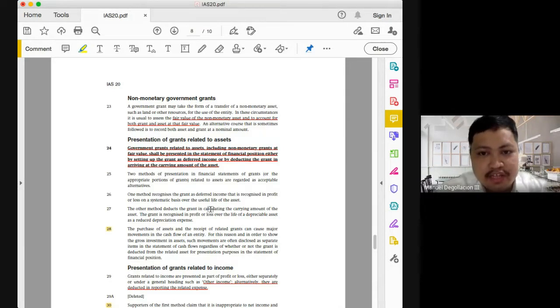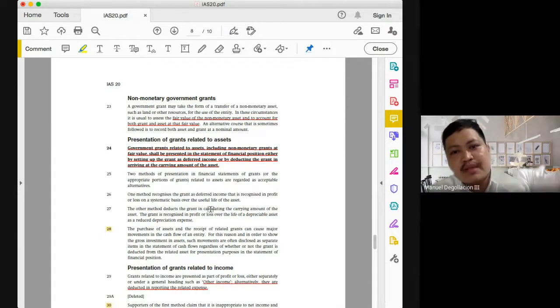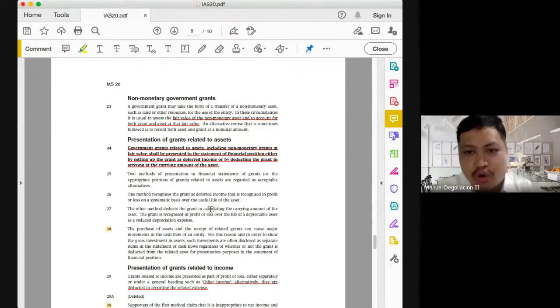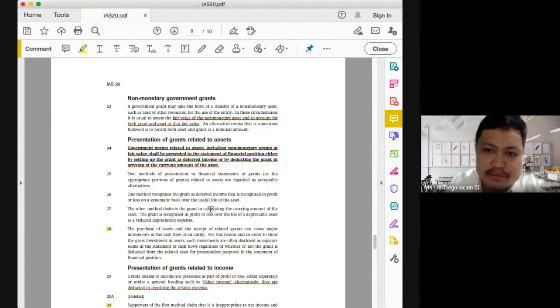So in such case, class, the depreciation expense will now be based on the 10 million, which will definitely be lower had it been based on the cost of 20 million. So under the second approach, no grant income will be reported, class, but the benefit would still be felt because of the reduced depreciation expense. Okay. Under the first approach, depreciation expense will be high, but it's okay because we have another source of income. Under the second approach, no other source of income, but that is okay because our depreciation expense would be lower.